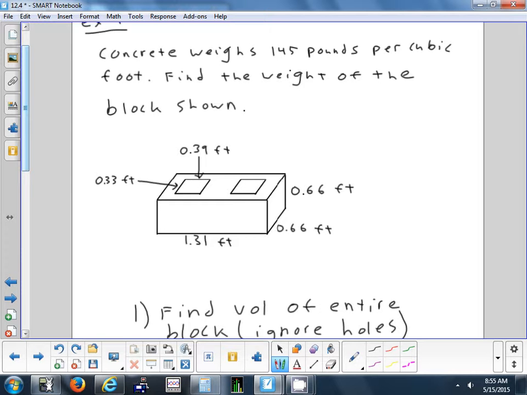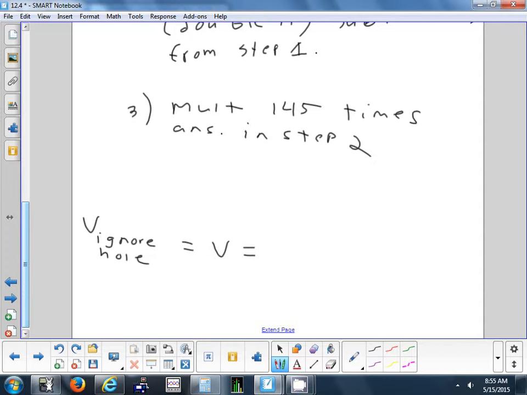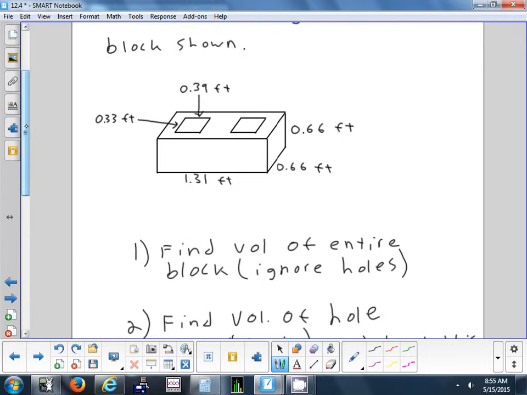Yes. Yeah. There's several ways with a prism. You could basically turn a rectangular prism any way, and it's always on its base. Right? So let's find the area of the base times the height. Let's start with the easy part. What's the height of that block? 0.66 feet. Yep, 0.66 feet.